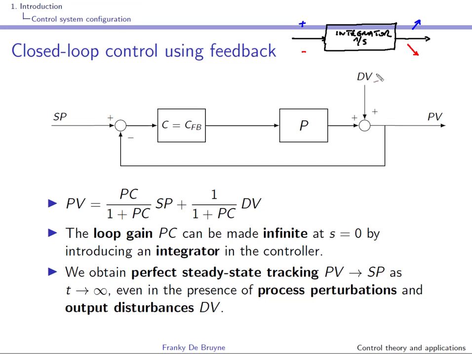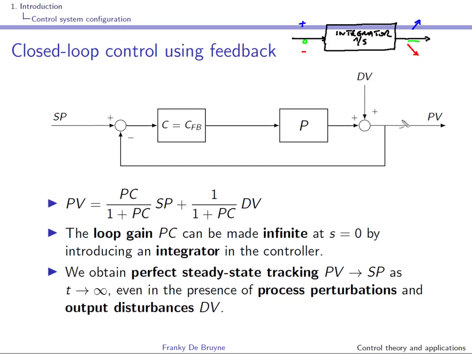If the input of the integrator is negative, then the output will decrease. The only way to have something that is constant at the output is if you put something that is 0 at the input, right? So if you have 0 at the input, the output of the integrator will keep its output constant.